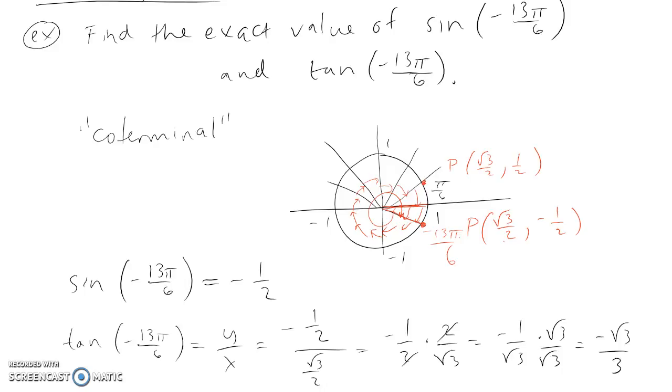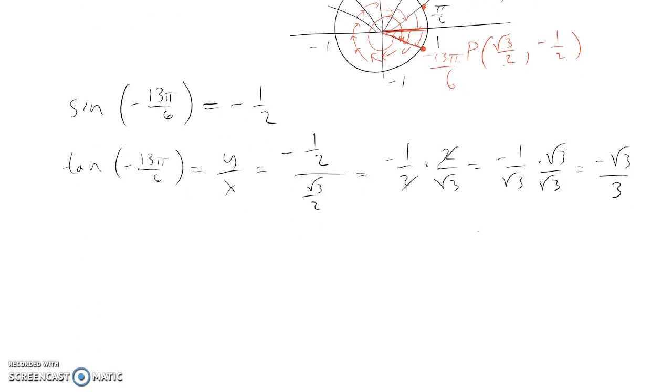All right, one last thing in this section. All the trig functions, in addition to being defined on the unit circle, can also be defined on circles of any radius. So we're going to look at a circle that has radius r instead of radius 1.